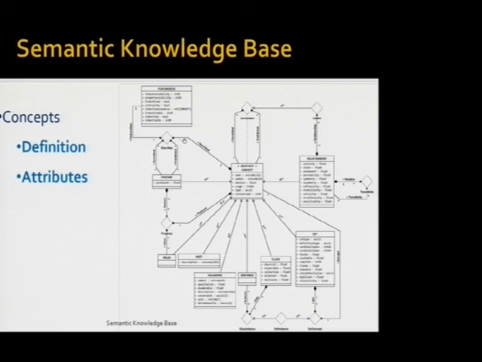I don't want to bore you with the semantic knowledge base construction at all, but what I want to say is that the ontological core has the ability to store information about concepts that are divided into the most important classes. And what is important, it has only the definition and attributes for concepts.